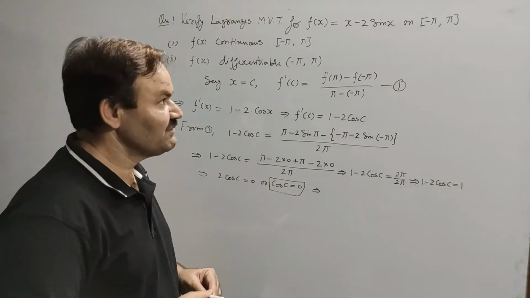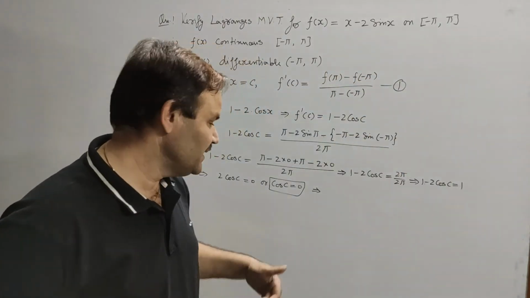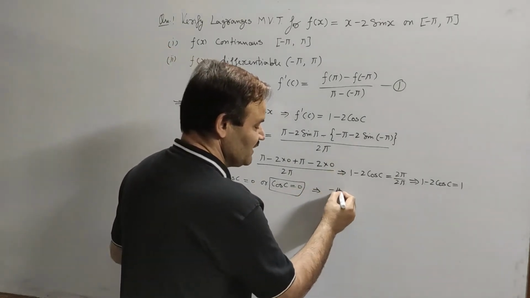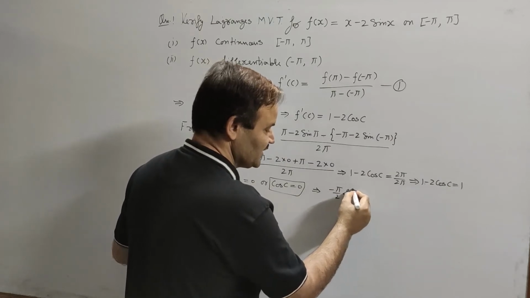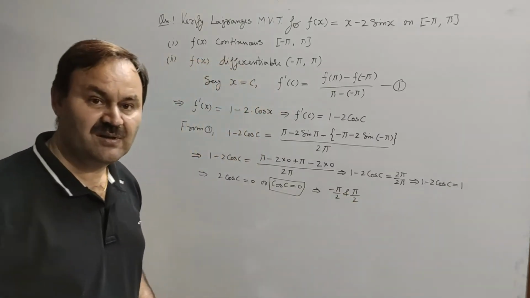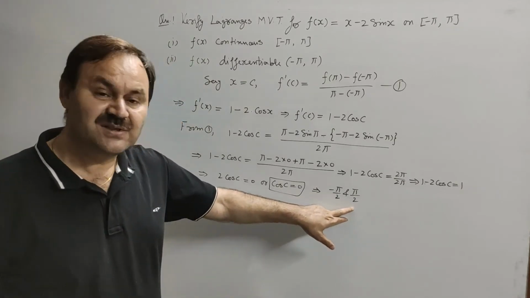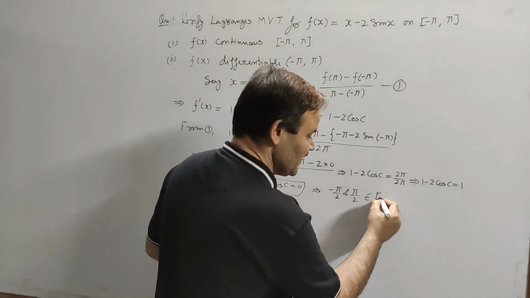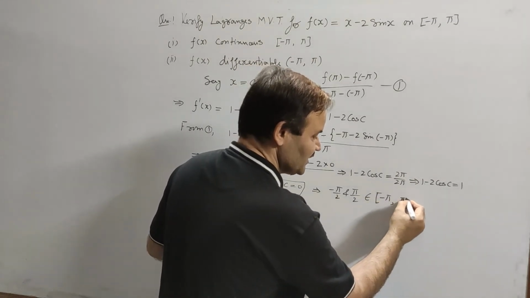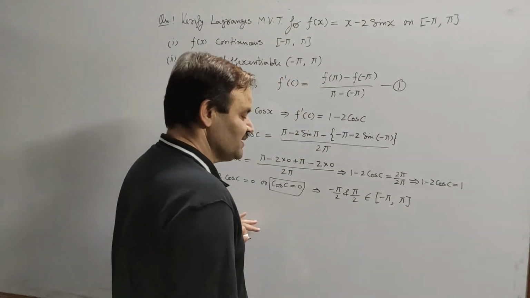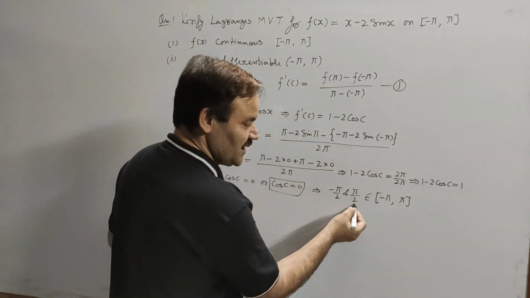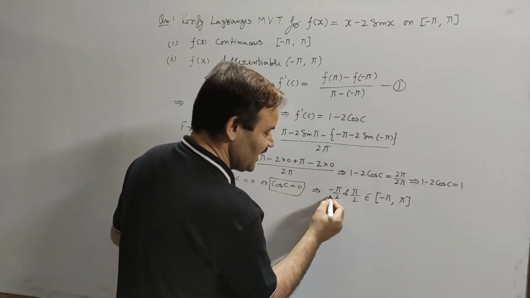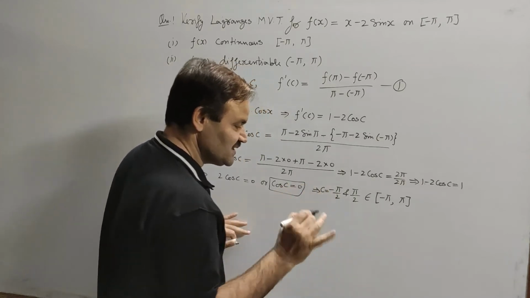The values of c which lie between minus pi and pi and satisfy this equation will be minus pi by 2 and pi by 2, and these two values belong to the closed interval minus pi to pi.